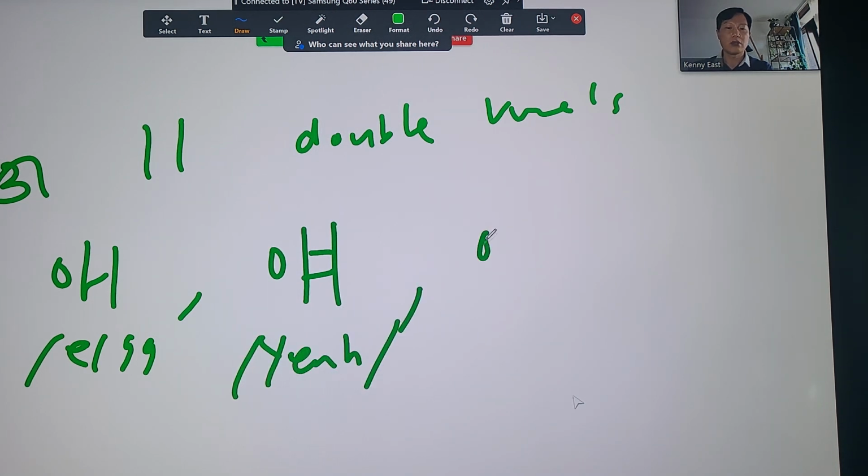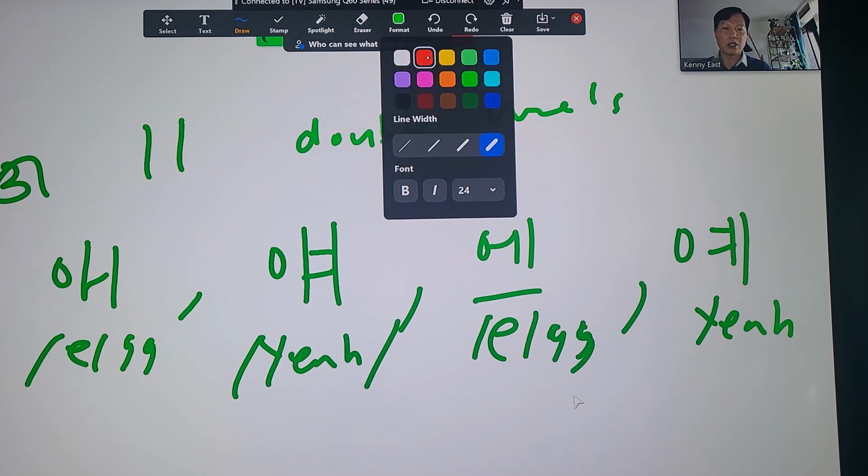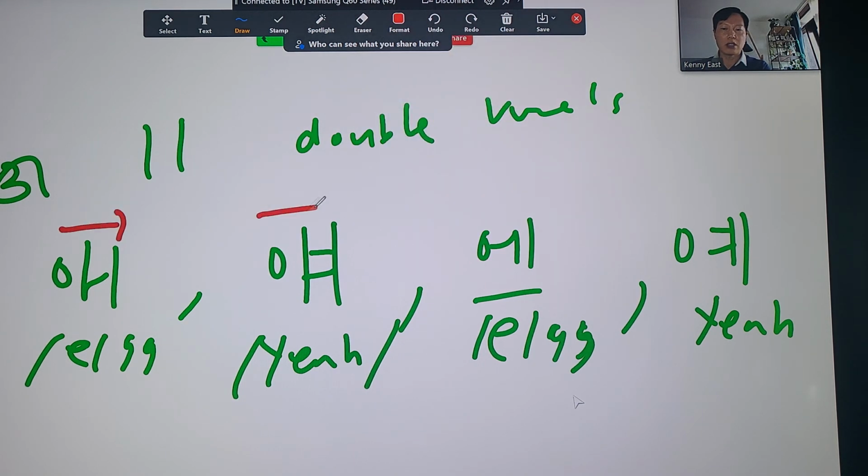We learn another A sound, and another yeah sound. So as you can see, I wrote down all these vowel sounds left to right direction all the time, right? Because I have to write down the circle first.